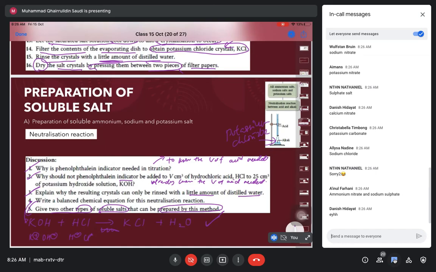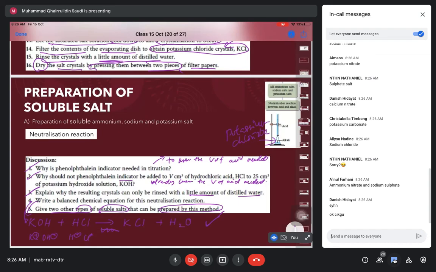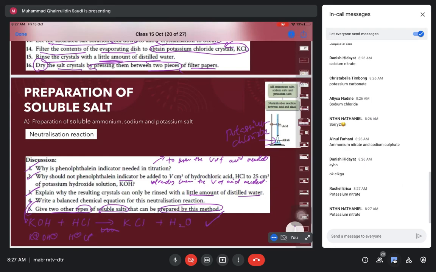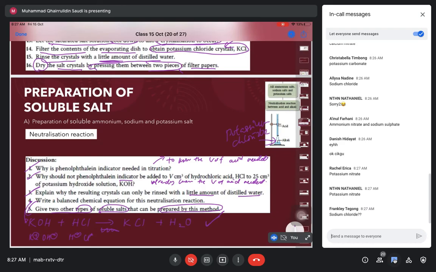Okay. Potassium carbonate, good. Sodium chloride, good. Ammonium nitrate, sodium sulfate, good. Okay, Danish, another one. Can you give another example? Potassium nitrate, good. Okay, can repeat. Sodium chloride can as well. Sodium carbonate can as well, Danish. Okay, good.